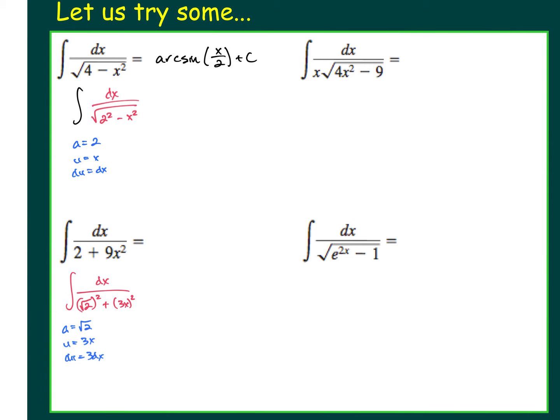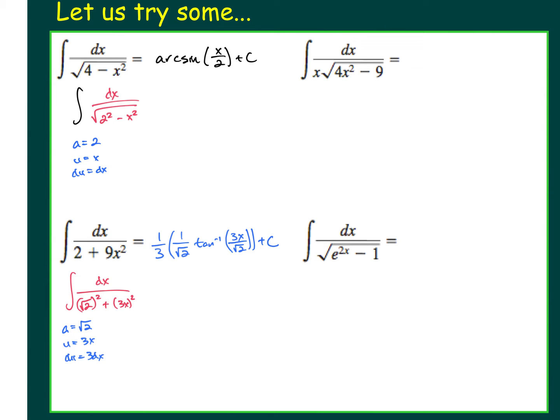If I have a 3 dx, I need to bring out a 1/3. So now I have a 1/3, and then, looking at our note card, I have 1 over a after that. So what's my 1 over a? 1 over square root 2, and then I have an arctan of, what's my u? 3x over square root 2 plus c. All right. Pretty good.